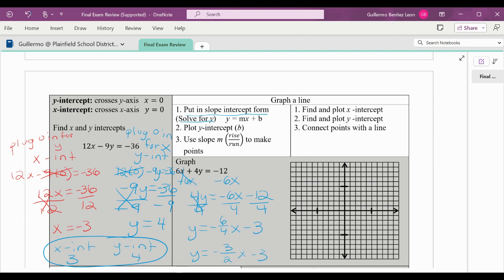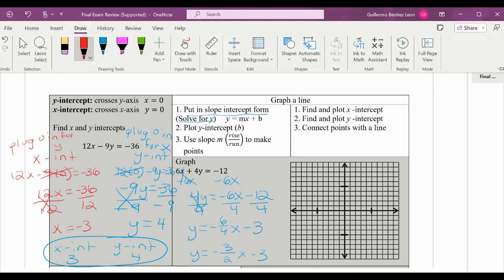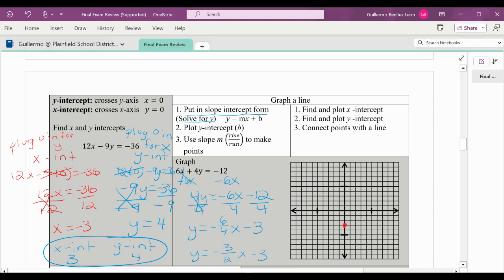And now I can graph that. B is -3, so I'm going to begin at -3. My slope is -3/2, so I'm supposed to go down 3/2. Down 3/2.